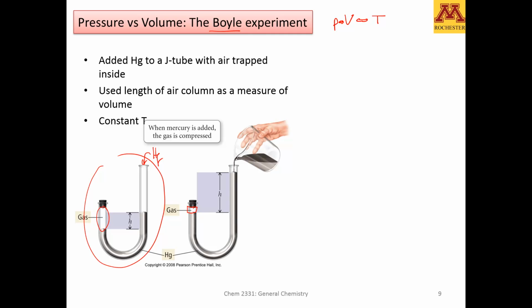As you can probably see now, the higher the amount of mercury that you put in, the higher the pressure. So adding mercury was a way to increase the pressure on the gas. And something that Robert Boyle saw is that as the pressure increased, the volume was decreasing.